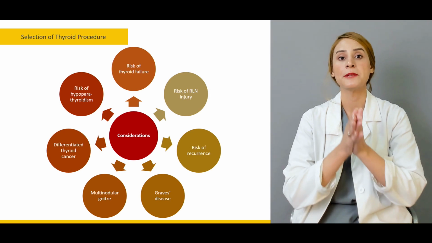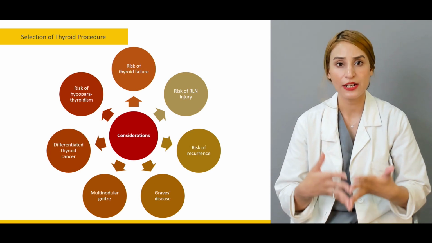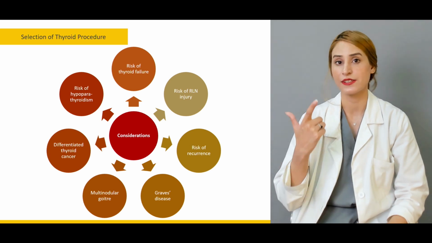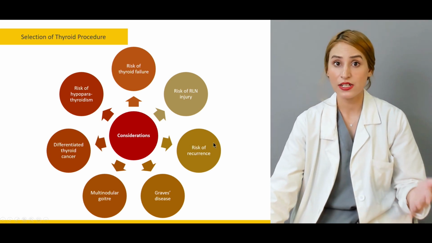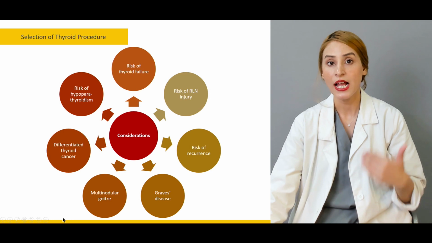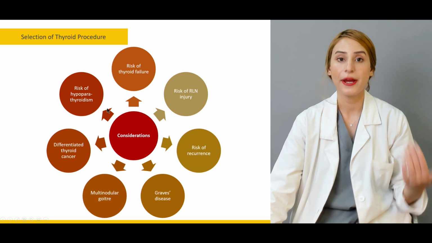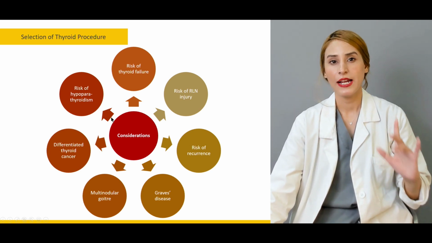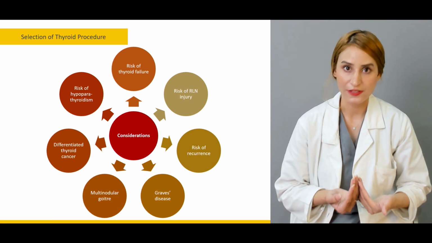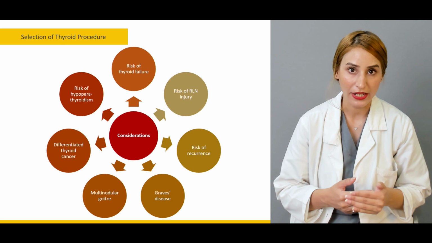So whenever you are selecting a procedure, like a lobectomy or subtotal thyroidectomy or total thyroidectomy, you have to consider the risk of thyroid failure, the risk of recurrent laryngeal nerve injury, the risk of recurrence, Graves disease, multinodular goiter, differentiated thyroid cancers, and you also have to consider the risk of hypoparathyroidism, because in the previous few slides I showed you that on the posterior surface of the thyroid gland we have the parathyroid glands, two superior and two inferior parathyroid glands.